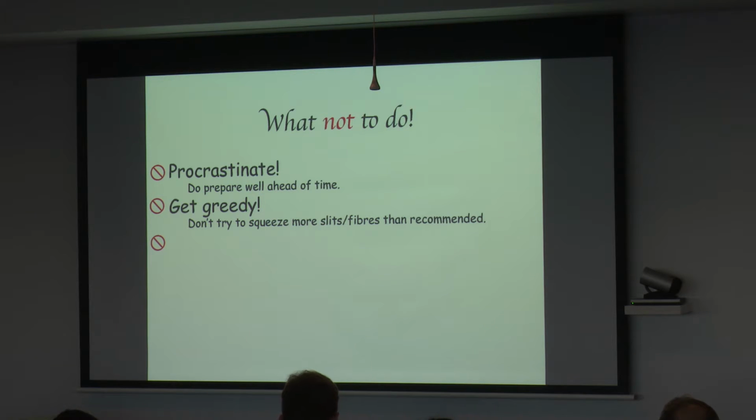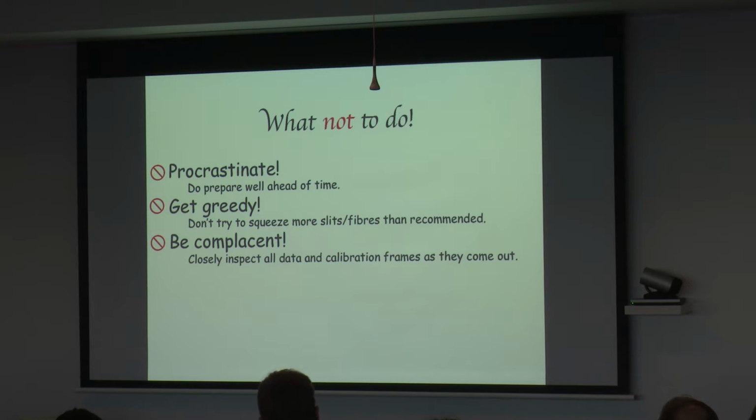Don't get greedy. You'll be happy later if you have 2 or 3 fewer slits, just so you've got extra real estate, because the time you are going to waste trying to reduce data that wasn't optimally prepared is just not worth it.